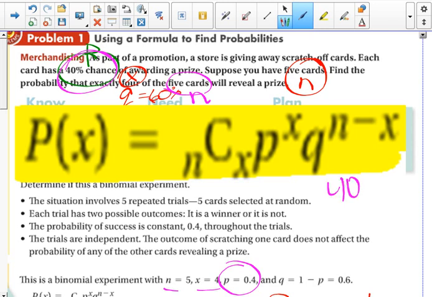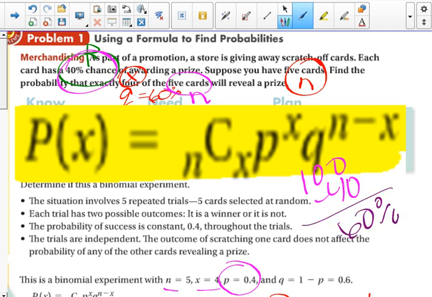And if you don't see that, then you're just going to have to subtract 40% or 0.4 from 1. And you get 60%, right? Which is 0.6. Okay. So that's everything you need. Our q is equal to 0.6.